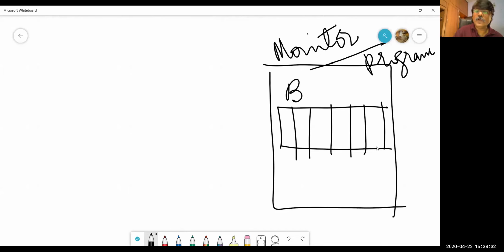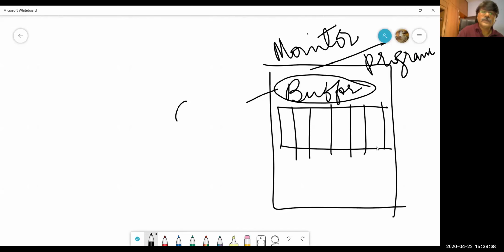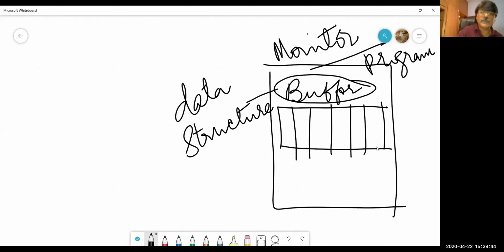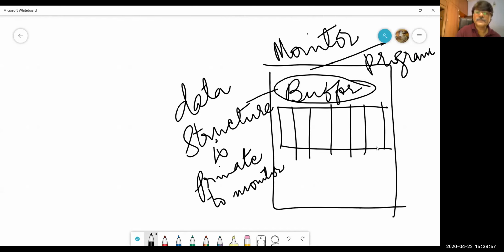So the buffer now belongs to the monitor. This buffer is, let us say, a data structure that is declared as private. In Java, whenever you declare a method or data as private, it can be accessed only within the class. So the data structure is private to the monitor. It cannot be accessed outside the monitor.